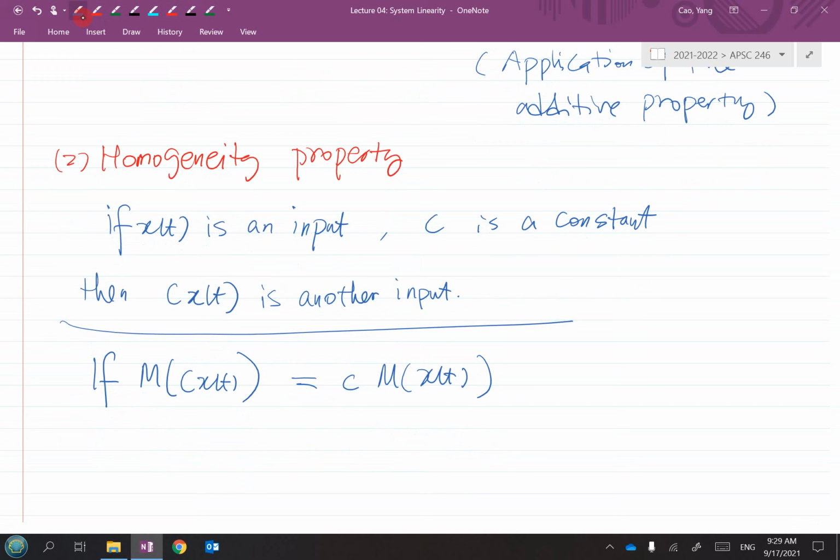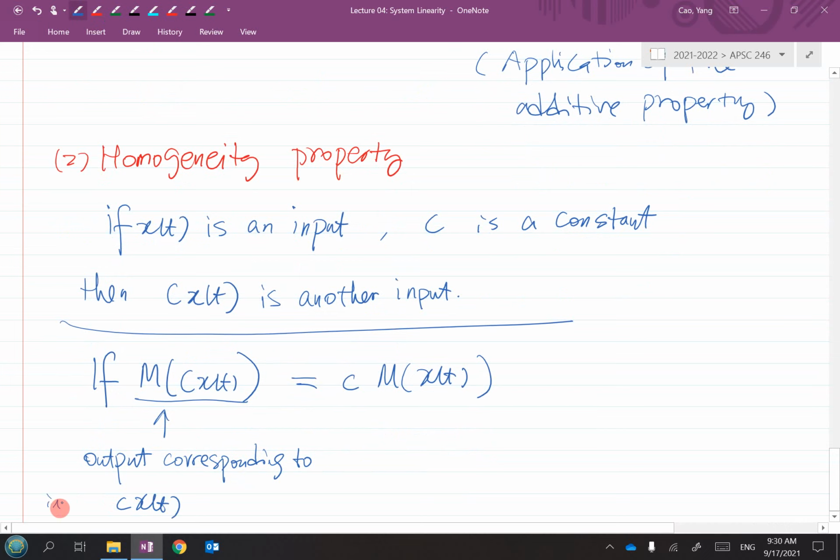Before we move ahead, let me reiterate. The first term is the output corresponding to cx of t as the input. That's the left side.